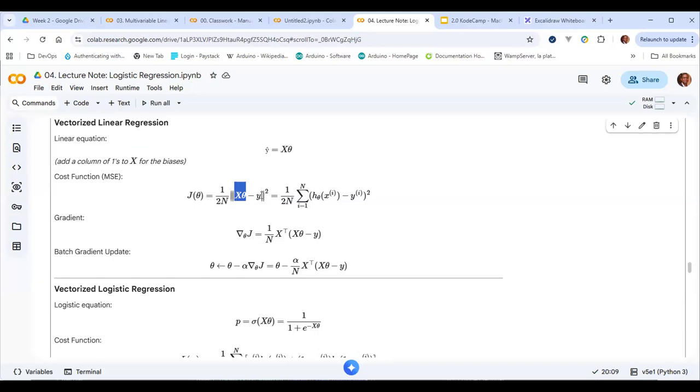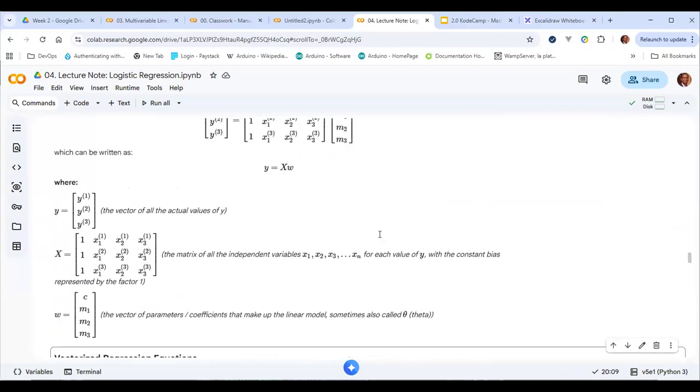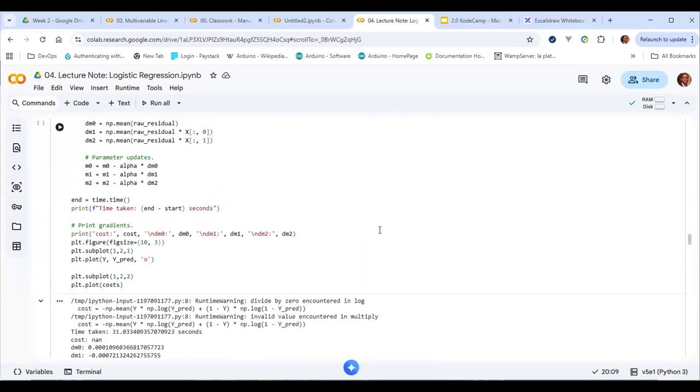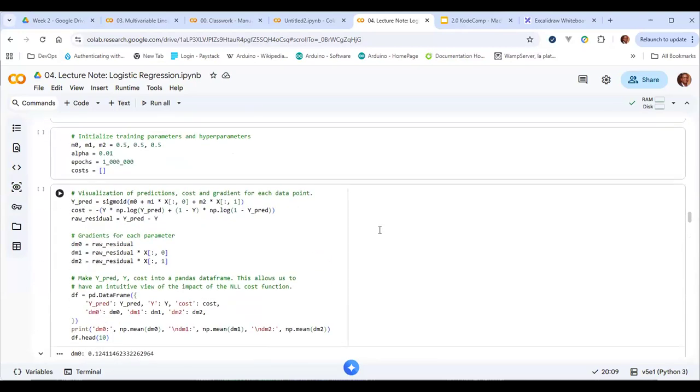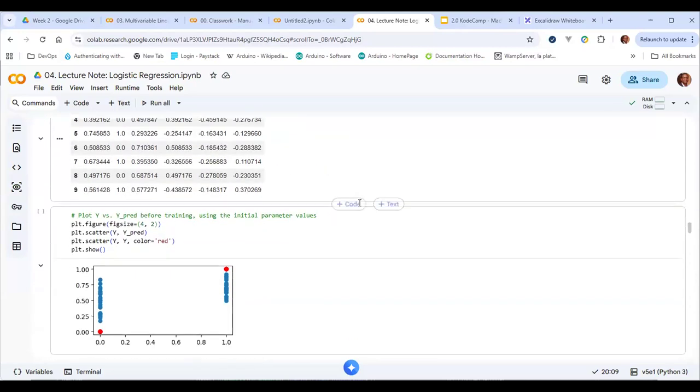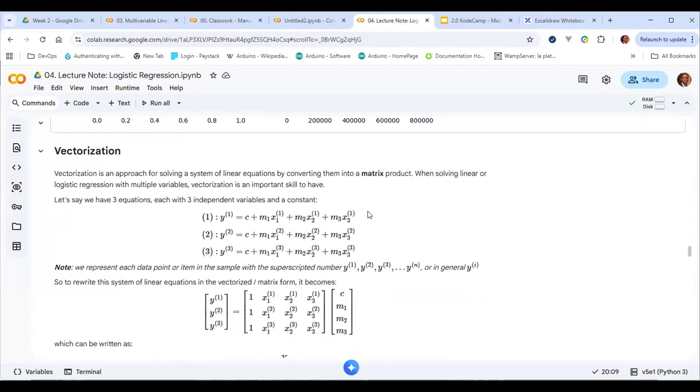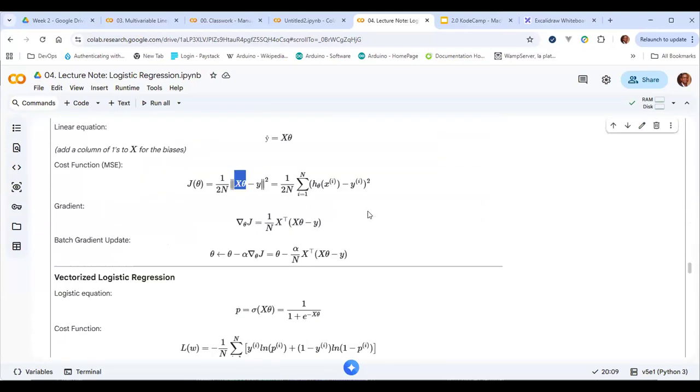So this is just Y hat minus Y, which is the raw, we call it raw residual. I keep forgetting that word. So that's a residual, right? A residual is just a name for the difference between the predicted value and the true value.